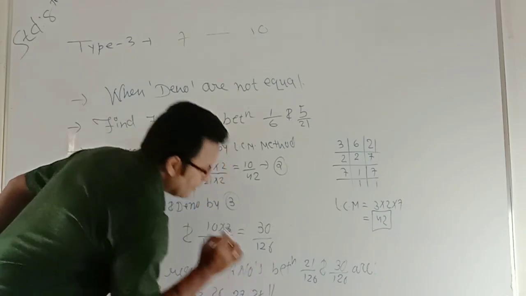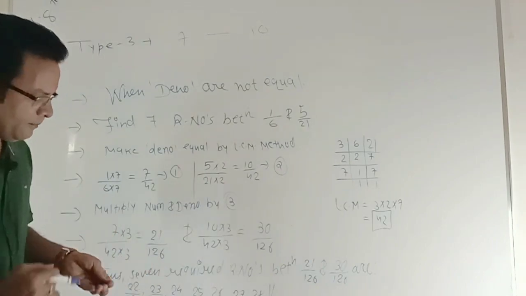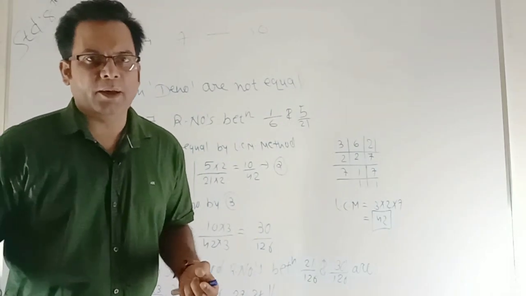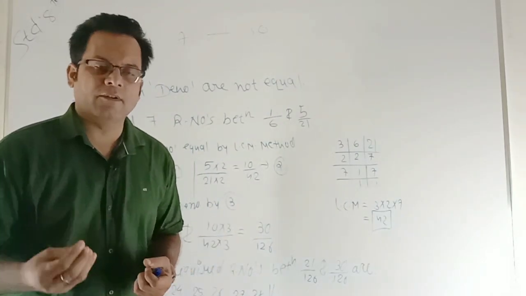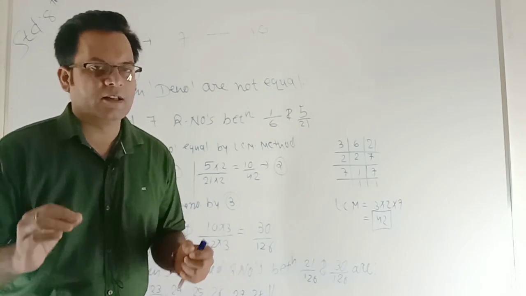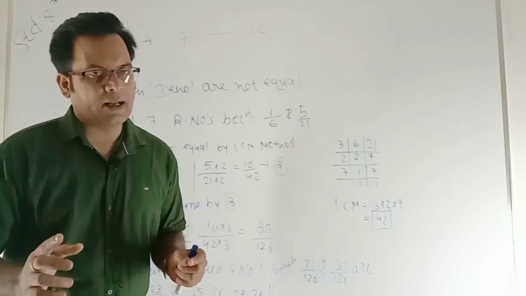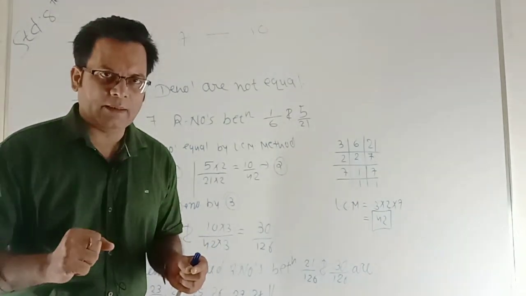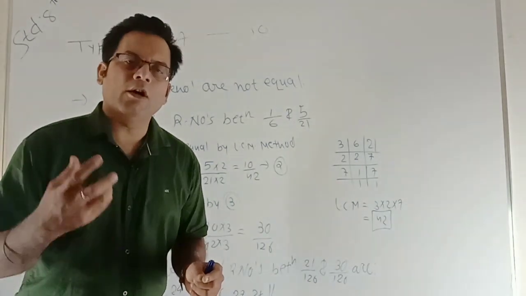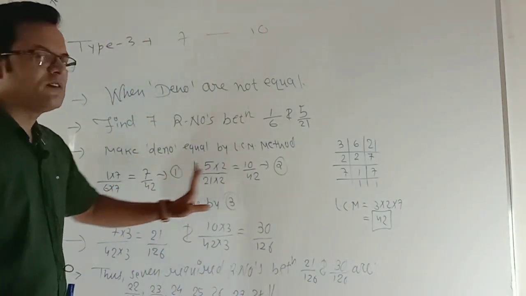So this is it. This way, when the denominators are not equal, you can find the required rational number, students. But you must remember what we have done in this method. First of all, we made our denominators common with the help of LCM method. Then we applied our LCM here and we got 2 new fractions. But when we got our new 2 fractions, we saw their difference was not enough.